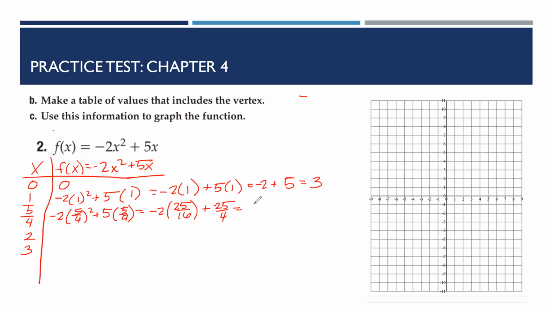Okay, and this is negative 25 over 8 plus 25 over 4, which after you simplify everything is 3 1/8.